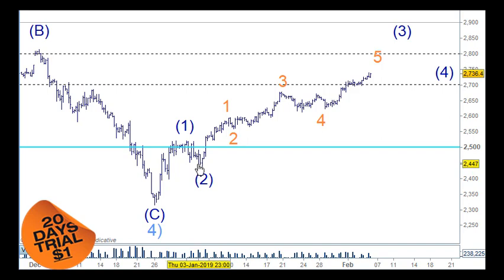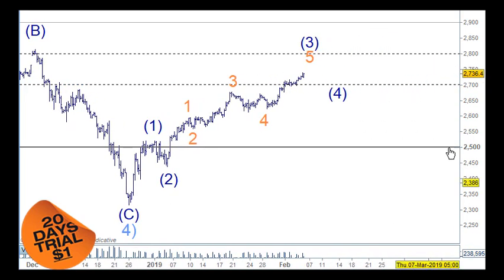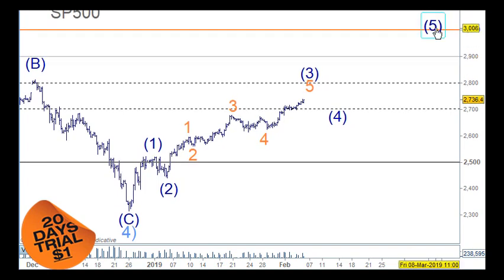And then I would look at all of this here as 1 and 2 and 3 and 4 and 5. So this top that we're looking for over here, if it pushes up a little bit higher, we can look at it as wave 3, and then pulling back for wave 4 here, and then pushing higher into this space up here, making a new high up here anyway towards the 3000 area here.